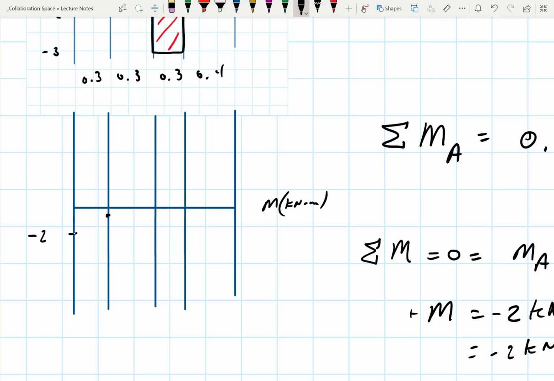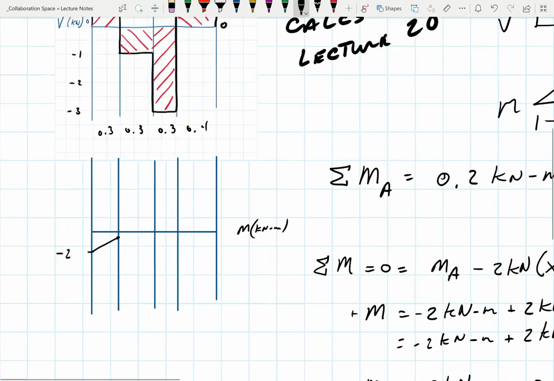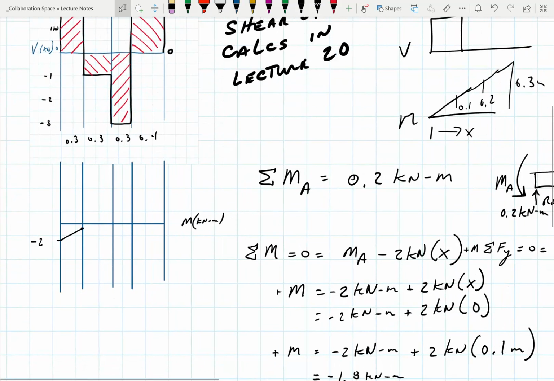Okay, so we have this line here. All right, and then we have the next area to take care of, but we changed and dropped that down by 1. Okay, so where is that going? So we got a shear force there, and we're going to pop that over, and it's going to cause something to happen to our moment diagram here.